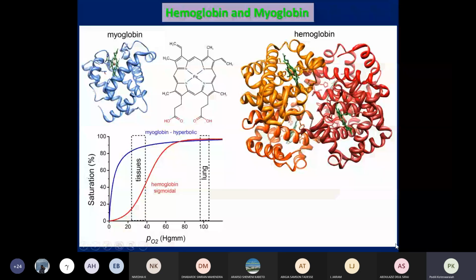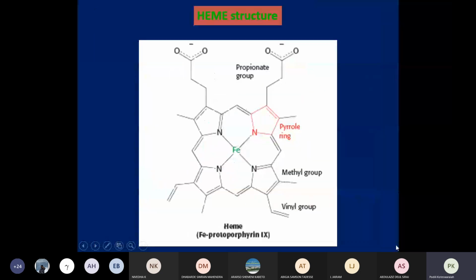You can see the structure of the heme here.